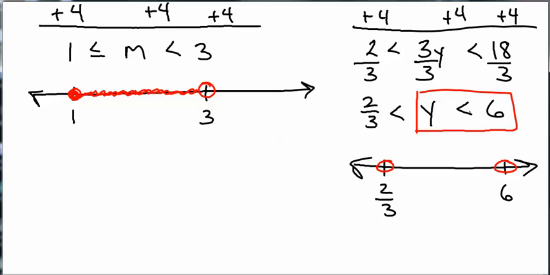Remember we said earlier that if the variable's on the left, you shade the direction of the arrow. So we're shading left. Now look at this portion: 2/3 is less than y. Now the variable's on the right, isn't it? And you shade opposite the direction of the arrow. So that would tell you to shade to the right. So there's where your solutions are. Your solutions don't include 6 and they don't include 2/3.